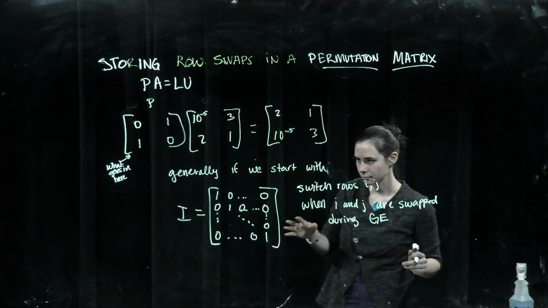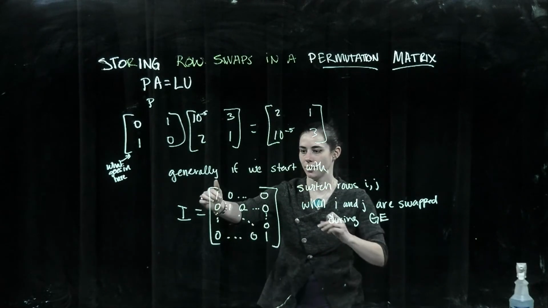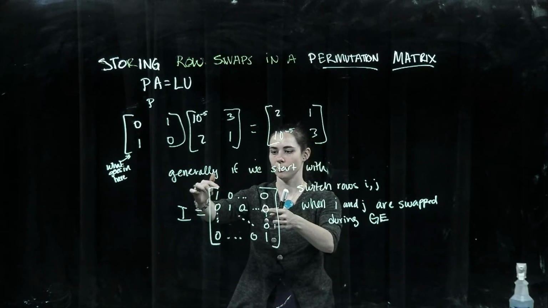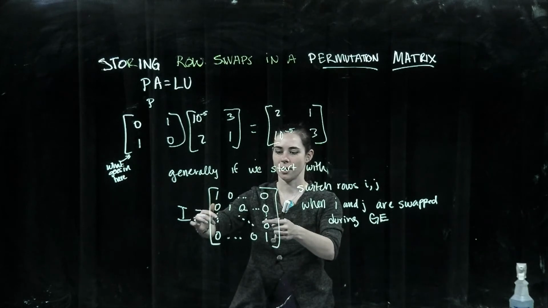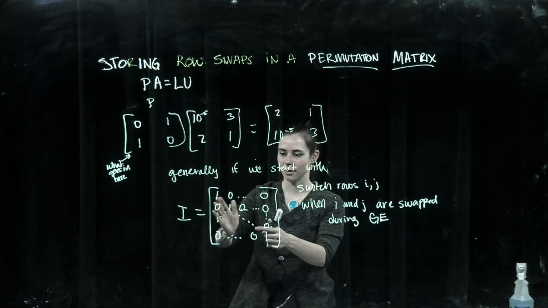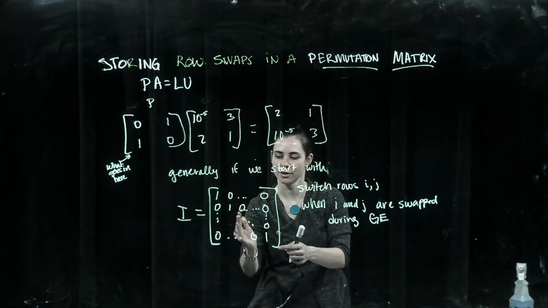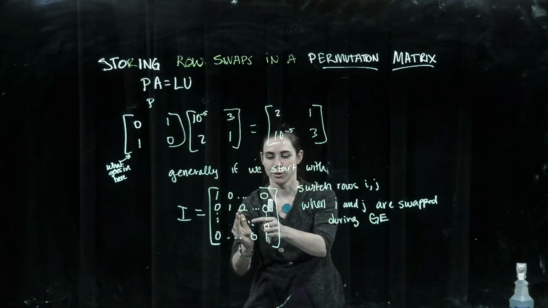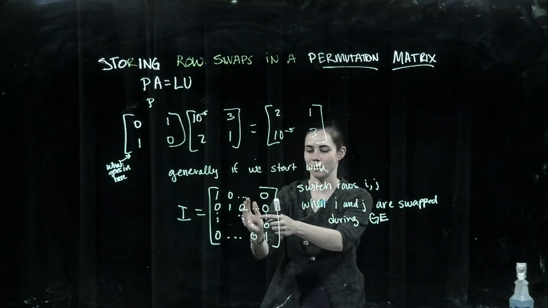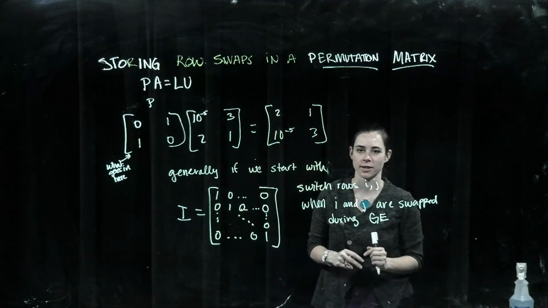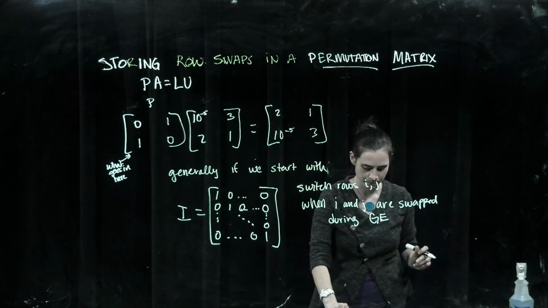So if we were swapping the first two rows, we would swap those. If later on, when we zeroed out to here, for example, we were swapping rows 5 and 6, you would swap rows 5 and 6 in the identity matrix.